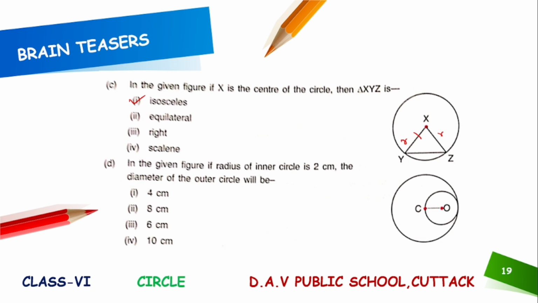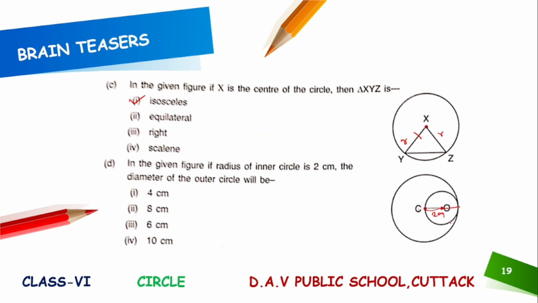Understand? Next question. In the given figure, if the radius of the inner circle is 2 centimeter, okay, means this is 2 centimeter, and the diameter of the outer circle. So first tell me, inner circle diameter is 4 centimeter, yes or no?